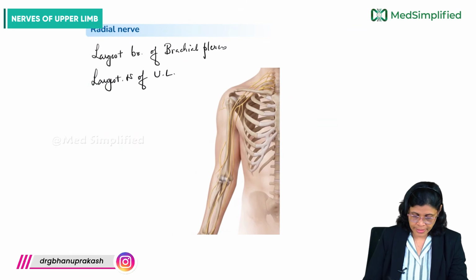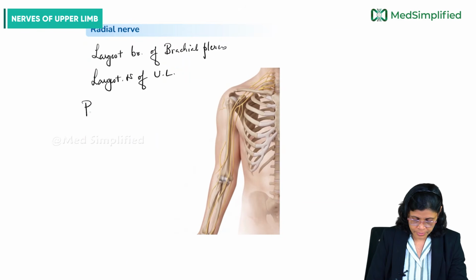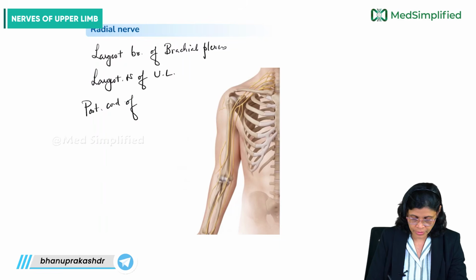In the brachial plexus, it begins from the posterior cord. Okay, so it is basically the continuation of the posterior cord of the brachial plexus.